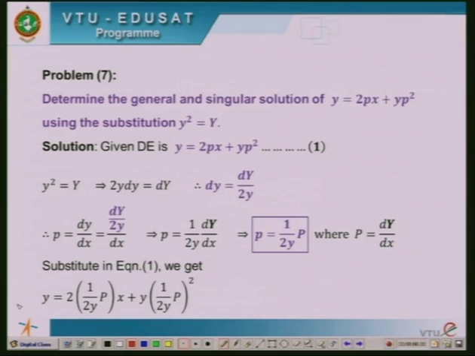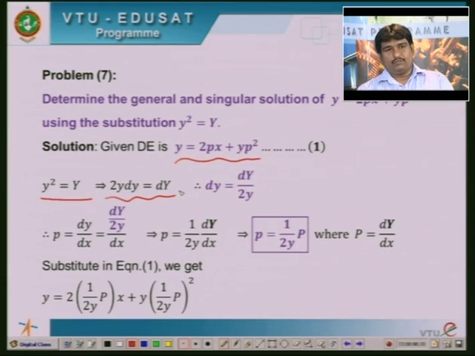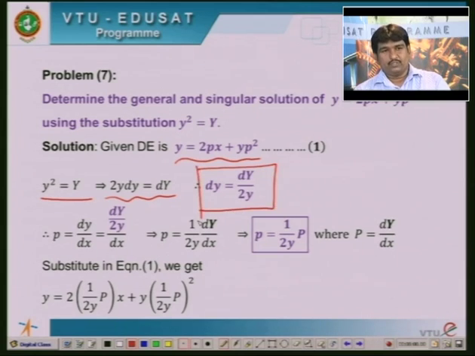Given differential equation is y equals 2px plus yp square. Now given that y square equals capital Y, its differential is 2y into dy equals d capital Y. Therefore d small y is d capital Y divided by 2 into small y.